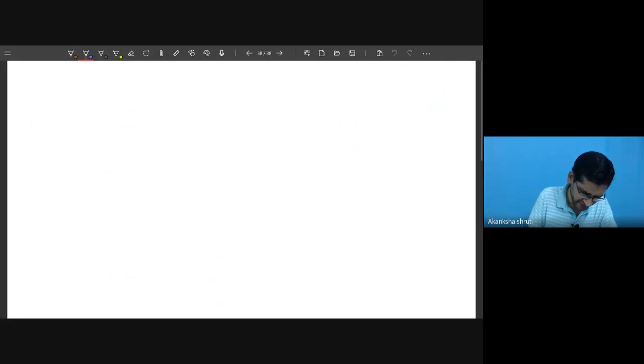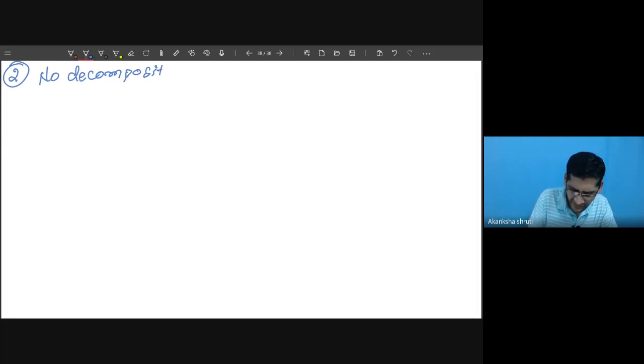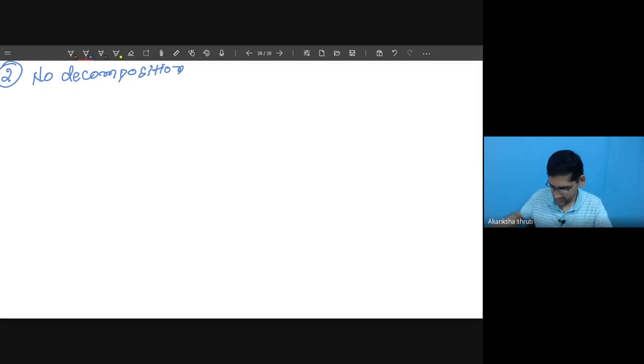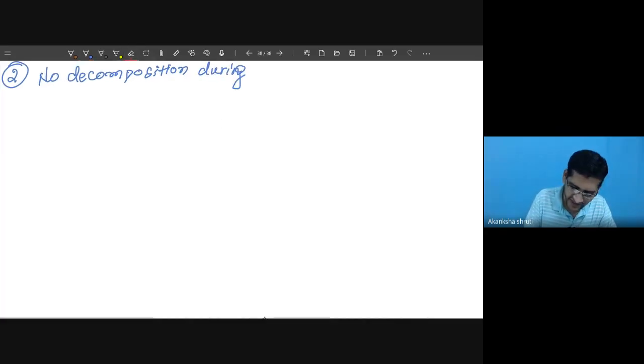Write down the second advantage: no decomposition during crystallization. Why? Because it is based on cooling.